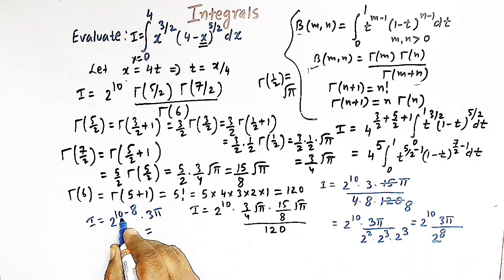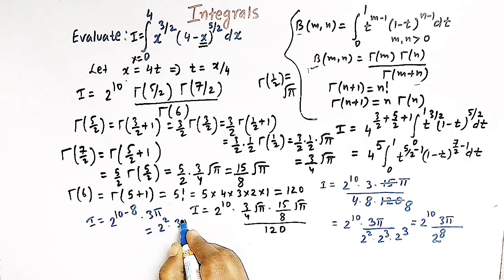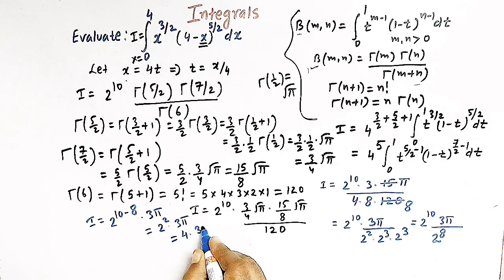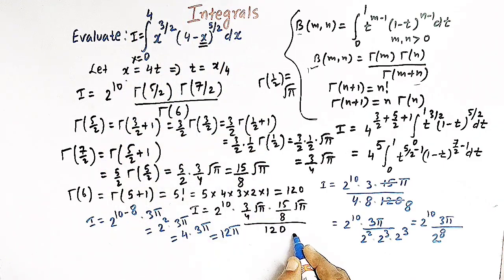And 2 raised to 10 minus 8 is 2 squared, and here we have 3 pi. So 2 squared is 4, and 4 times 3 pi is 12 pi, right? So viewers, the value of this integral I is equal to 12 times pi.